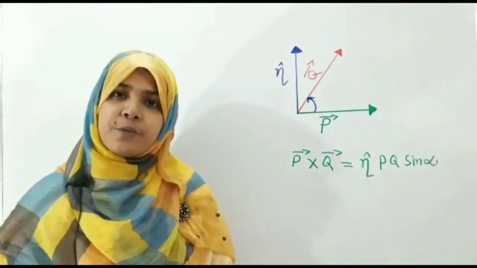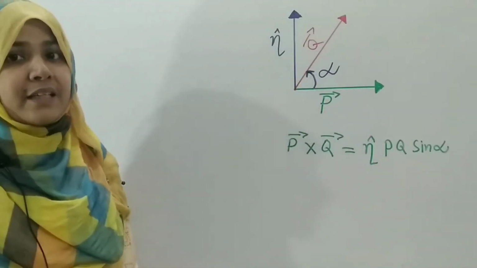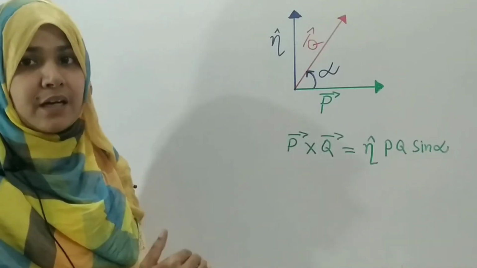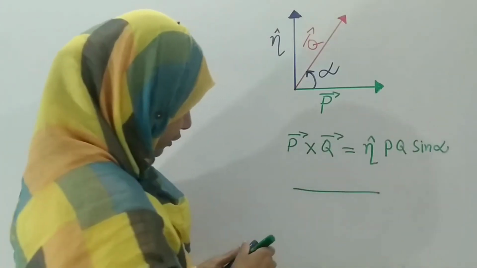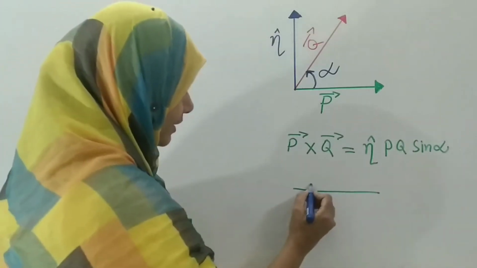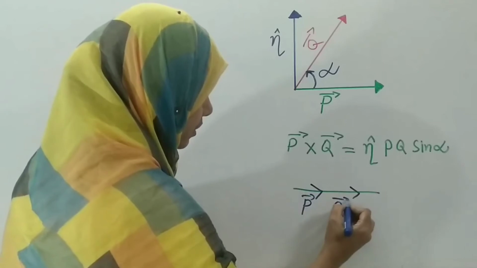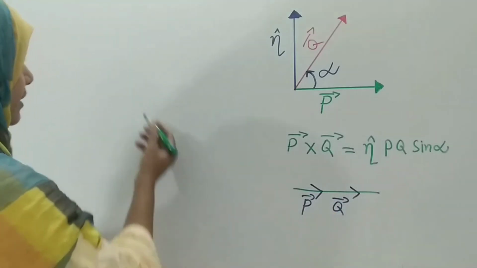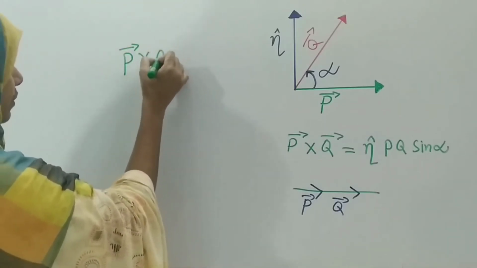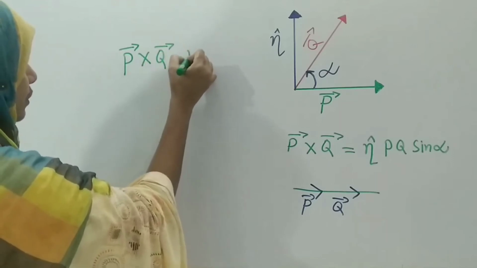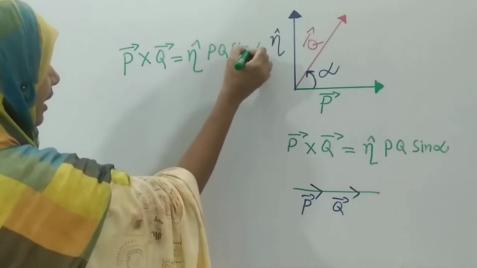Cross products have some properties as well. Suppose P and Q, two vectors, are acting in the same direction or in parallel to each other. That means if the P and Q vectors become parallel to each other or act in the same direction, in that case we can write that P cross Q is equal to eta PQ sin alpha.